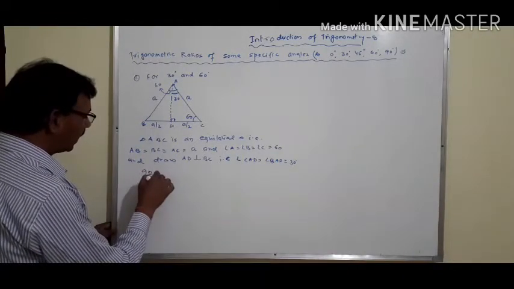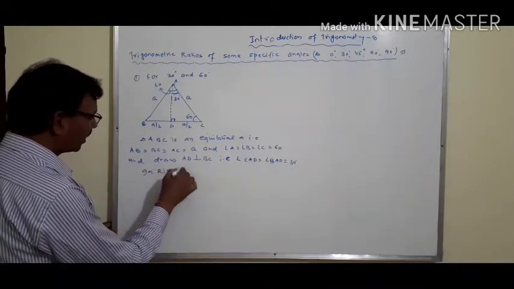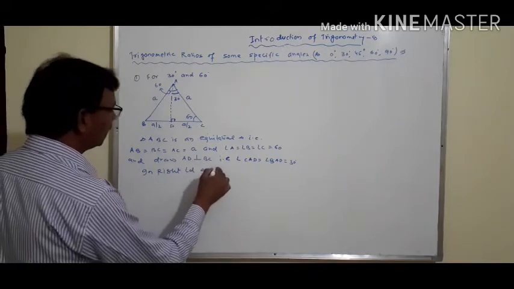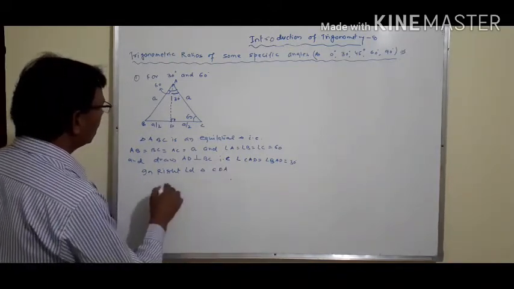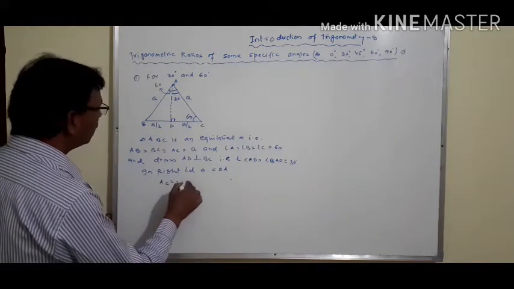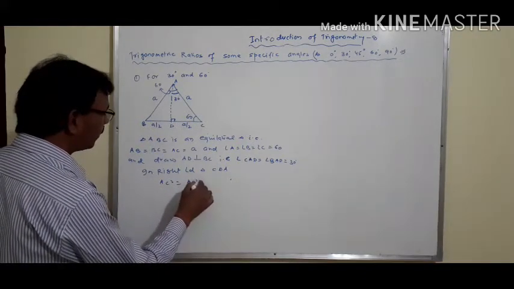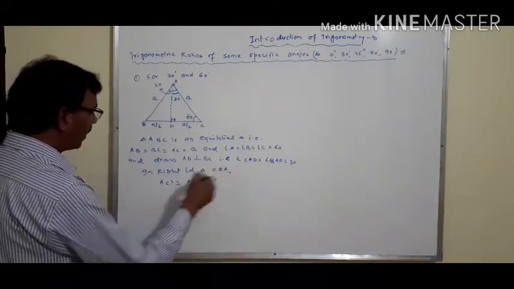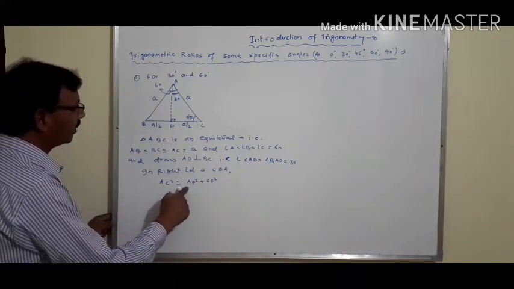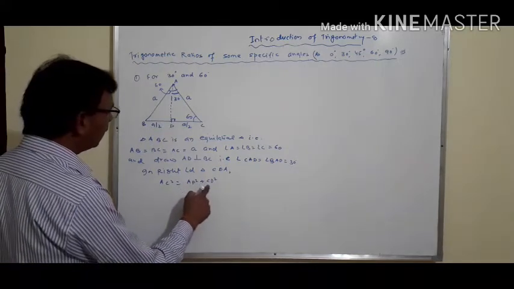Now in right angle triangle CDA, AC square equal to AD square plus CD square. That means square of hypotenuse equal to square of perpendicular plus square of base.